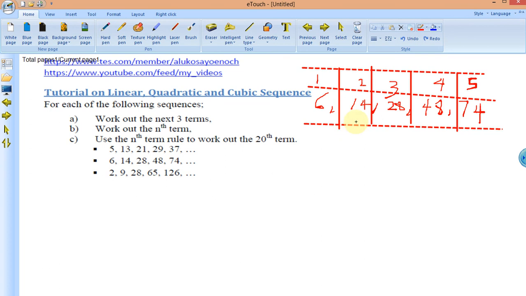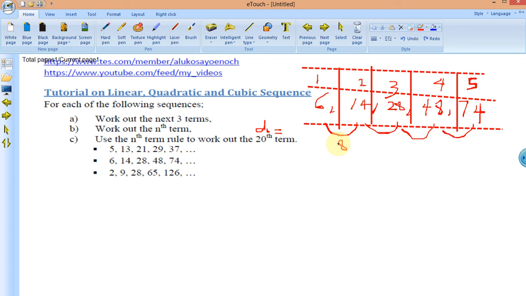Okay, so let's take the first difference. So I'm going to call that D1. Let's see if the first difference will be a constant. At this time, I'm just going to use the calculator with me here so that I'll be a little bit faster. So 14 minus 6, that's 8.